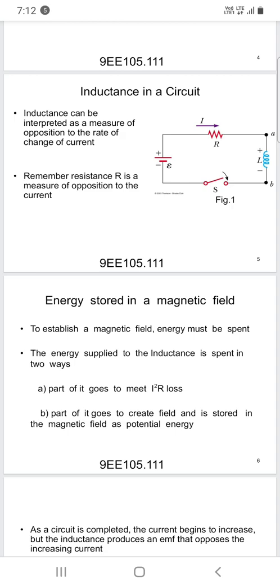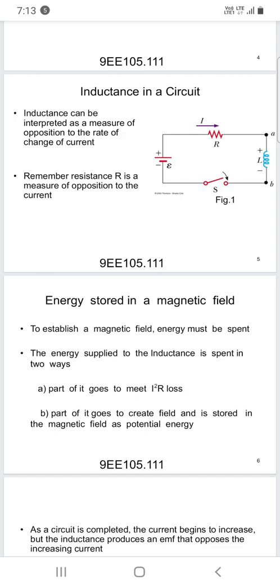Inductance can be interpreted as a measure of opposition to the rate of change of current.